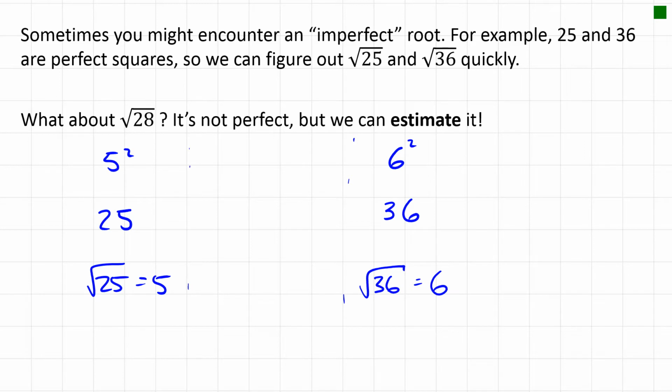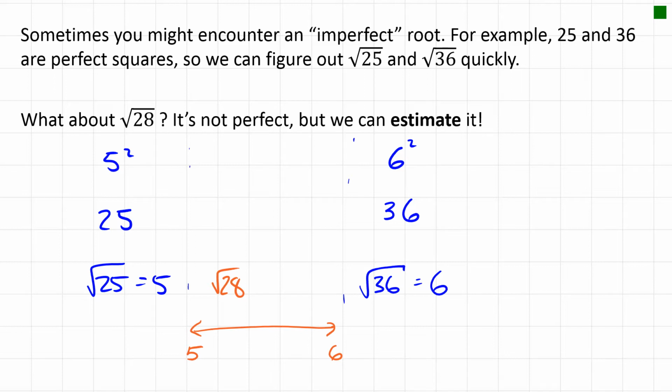Well, that means that the square root of 28 has to be somewhere in between these other two square roots. So it has to be somewhere between 5 and 6.